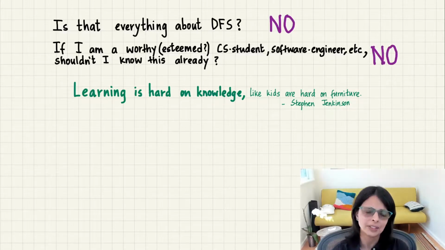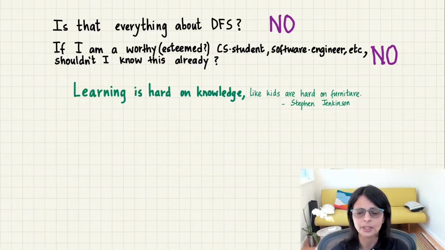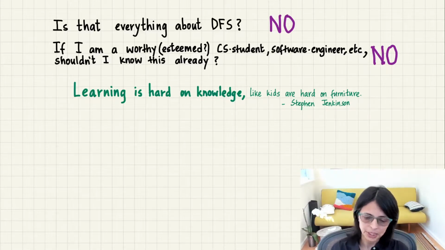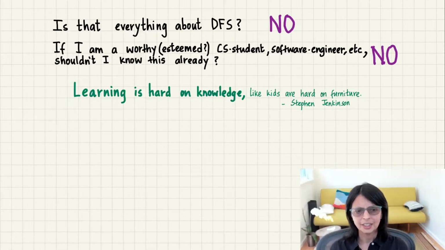No, this is not everything about DFS. I'm pretty sure there's plenty more, and that a bigger mess can be made. And absolutely no, a huge loud no to that second question. If I'm a worthy, esteemed CS student, shouldn't I know this already? Of course not. Usually depth first search comes to us.